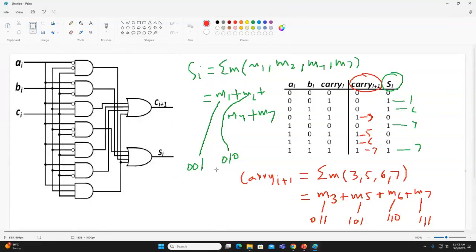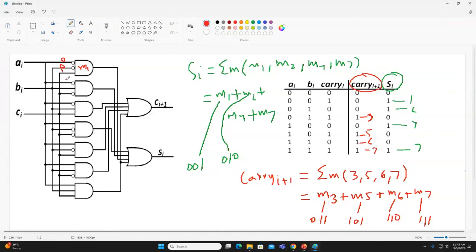Clear? Okay. Now please look at here. This is 0, 1, 1. What is this gate? 0, 0, 1. What is this? M1. It is 0, 0, 1 because this is a bubble.